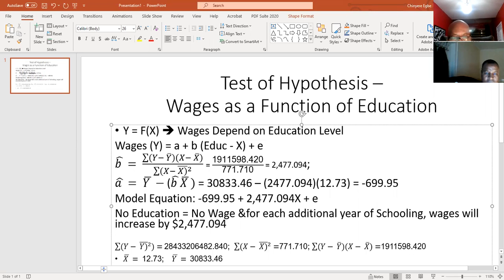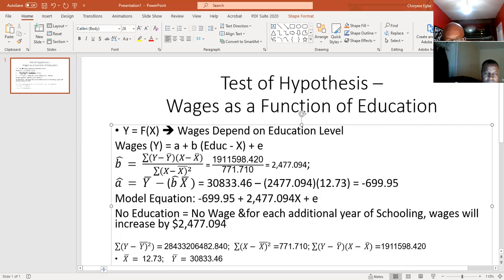This is what the model equation says. So once you do the estimation, you have to state the model equation, and then state the meaning of that model equation.